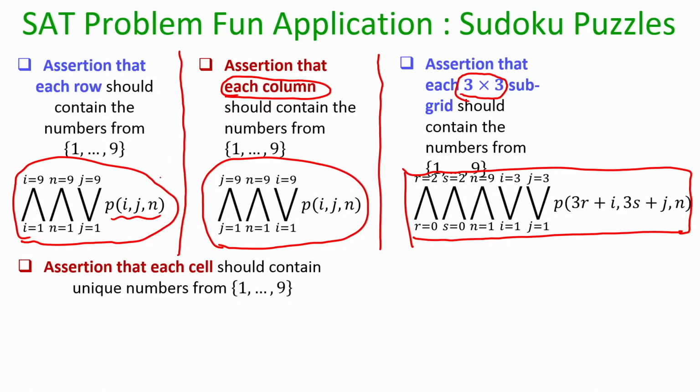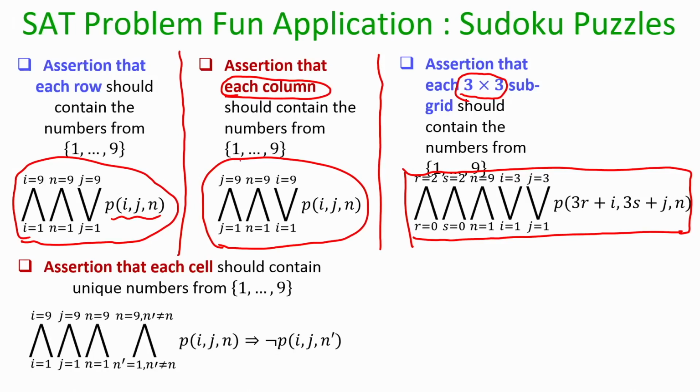That means the row solution may say you assign the value, say, 1 to the first row and first column, whereas the column condition says that you assign the value 2 to the first row and first column. That should not happen. So that is why we have to explicitly state this, and it is very easy to verify that this condition can be represented by this compound proposition.